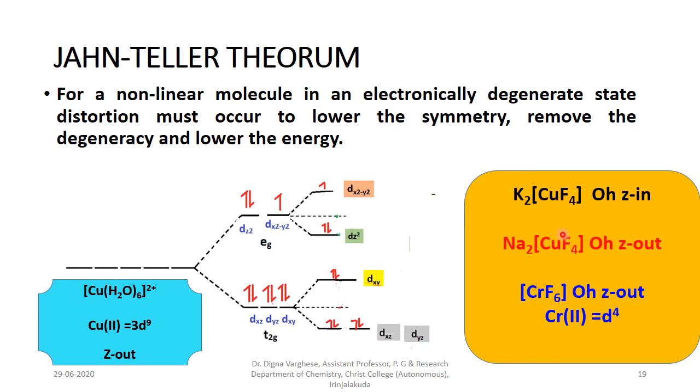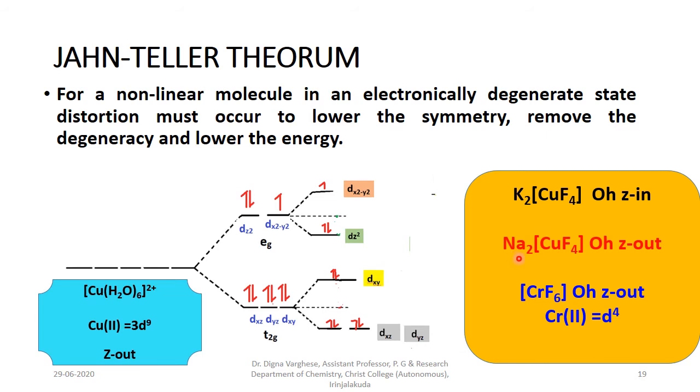From the table we can see that the copper fluoride complex, an octahedral complex, undergoes z-in distortion. Octahedral means in this complex the copper is attached to 4 fluorine atoms, but in the crystal lattice it is attached to 2 other fluorine atoms. So the coordination number of copper in this particular complex is 6.